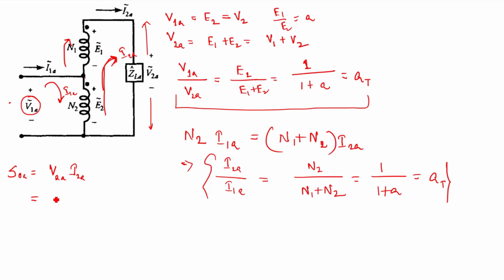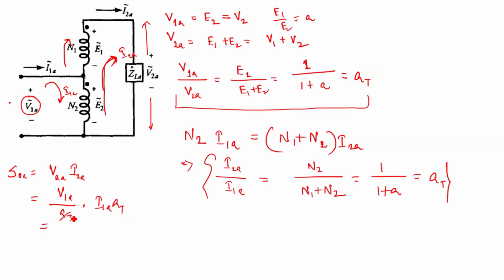So your V2A is nothing but V1A by AT. And your I2A is equal to I1A into AT.